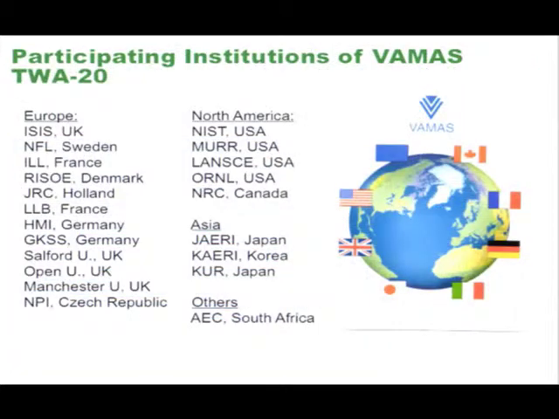As I look back, it was an incredible organizational work because it involves people from several continents. In Europe, you had a dozen facilities participating, all the North American facilities, NIST, Missouri, Lance, Oak Ridge, and Chalk River, and several Asian neutron scattering laboratories.